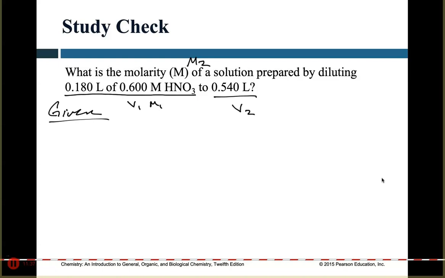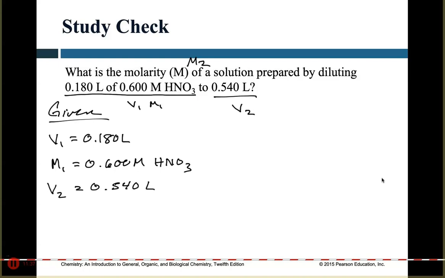So let's organize what I have. V1 equals 0.180 liters, M1 is 0.600 molar nitric acid, and my final volume is going to be roughly almost a half a liter.